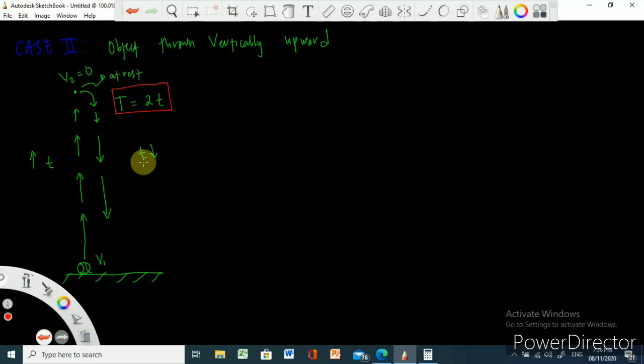Okay? Which makes sense, syempre. Well, syempre, yung time it takes for this object to move up, same lang din naman yun ng time it takes for this object to return to the ground. Okay ba yun? So, yung time pataas is actually equal sa time pababa.